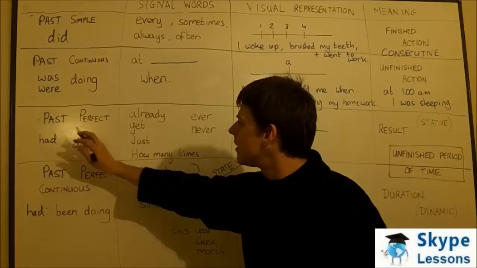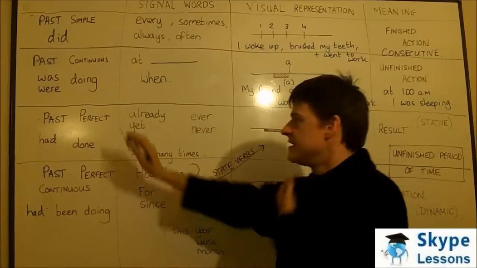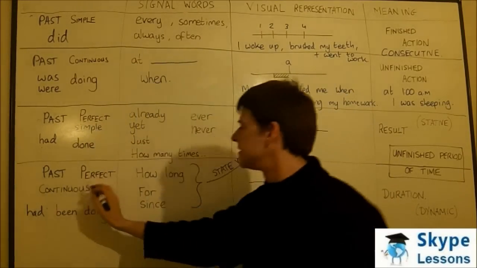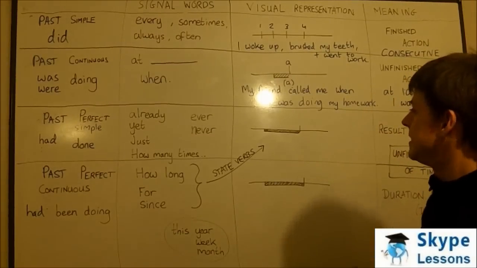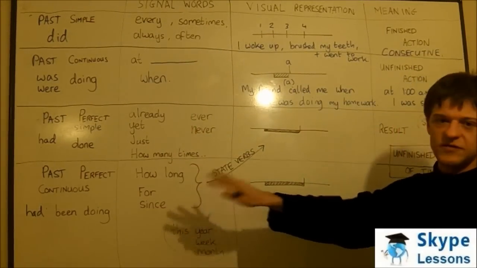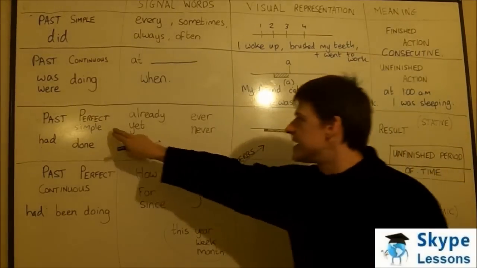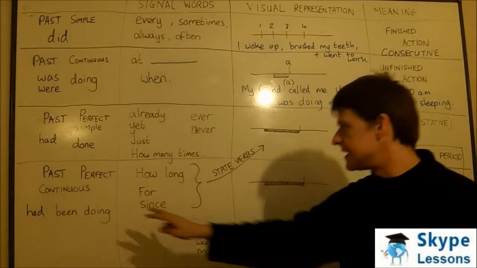I hope that I can now make past perfect simple and continuous very clear. This, of course, is past perfect simple, had done. Past perfect continuous is had been doing, or had been going, had been playing. Now, still, stative verbs cannot be continuous. They cannot be in any form of continuous. So stative verbs will be here. Dynamic verbs of duration can often be here.